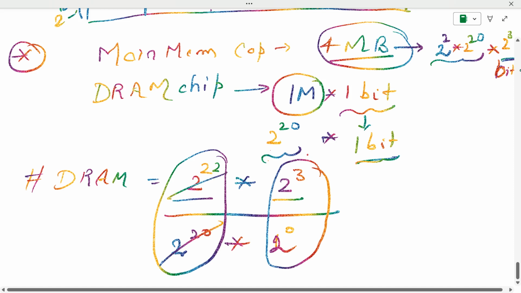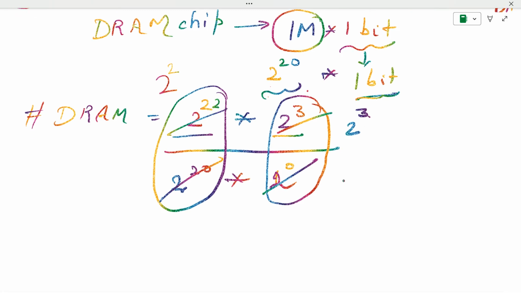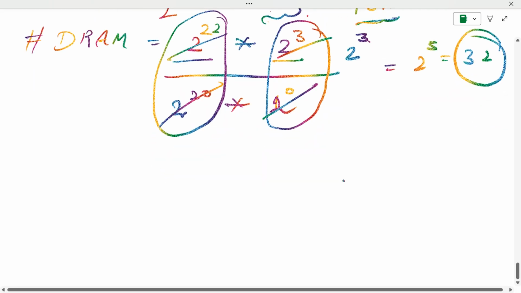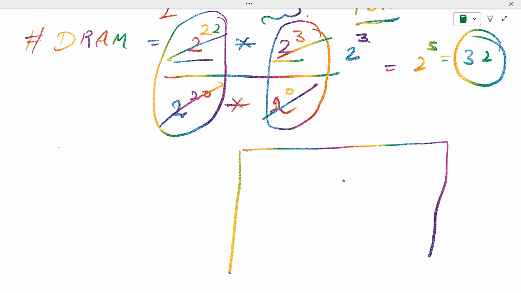So this will be coming as 2 raised to the power 2, and this will be coming as 2 raised to the power 3, obviously. So now the number of DRAM chips is 2 raised to the power 5, that is 32. So a total of 32 DRAM chips are required. Now how is this DRAM going to be organized? It is going to be organized something like this.